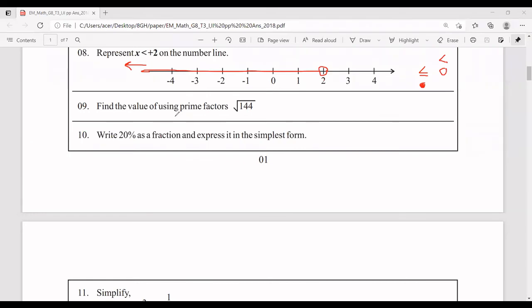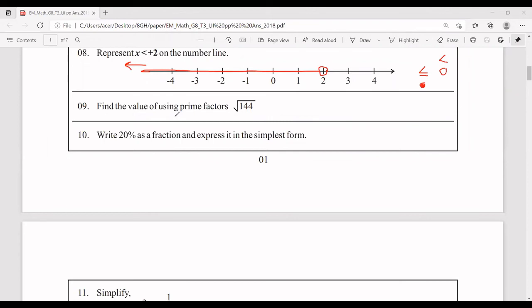Is one a prime number or not? One is not a prime number because one has only one factor. Two is the smallest prime number. 1 into 2, 2. Then 1 and 2 are the factors of 2, so that is a prime number. 3, 1 into 3, 3. 1 and 3 are factors of 3.